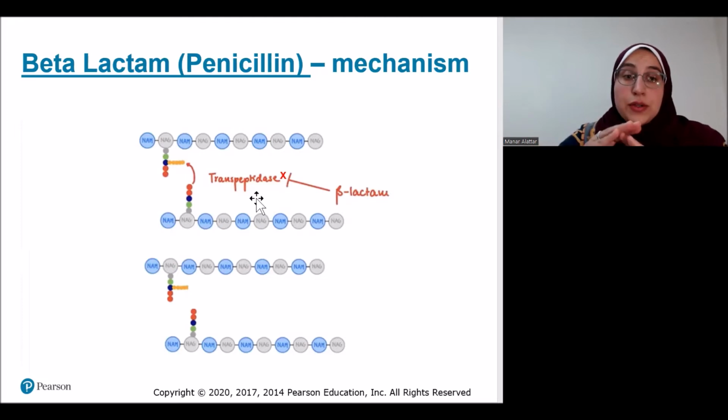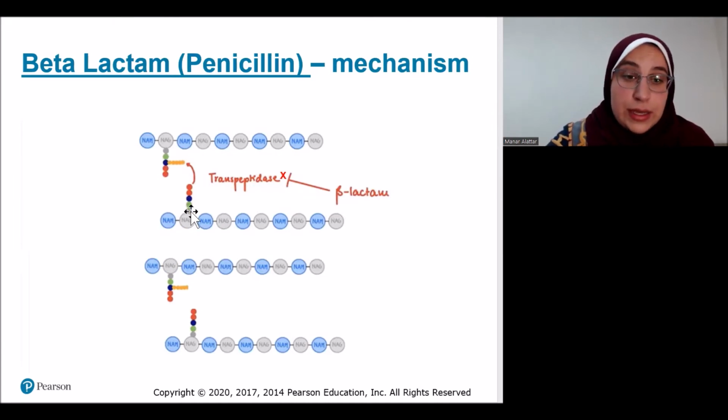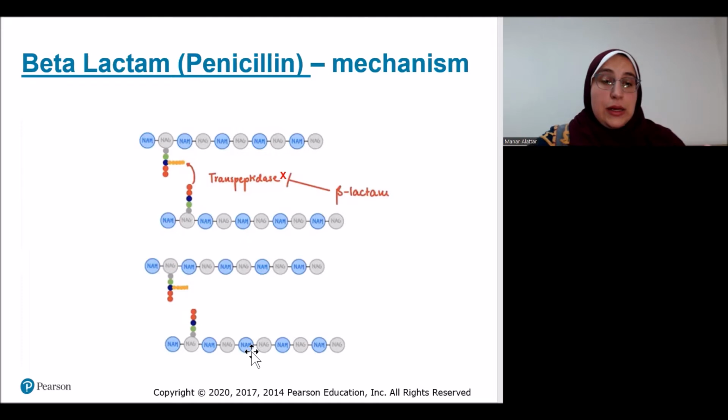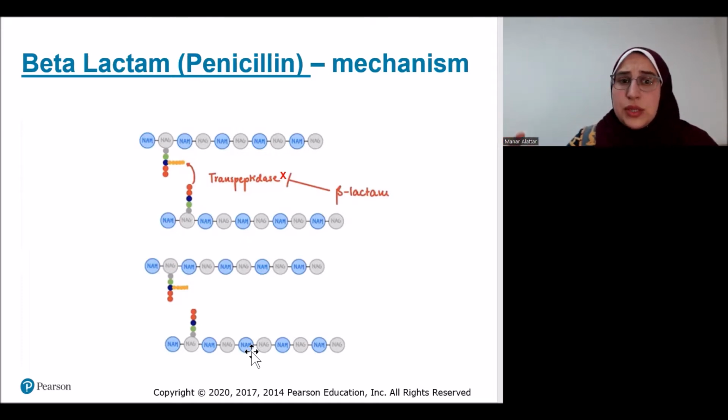And that's a non-reversible binding to that enzyme, and then the enzyme is no longer able to do its function, and those peptides never get connected, and as the cell grows and grows or attempts to reproduce, those linkages are not formed, and the complete integrity of the cell wall is damaged, right?